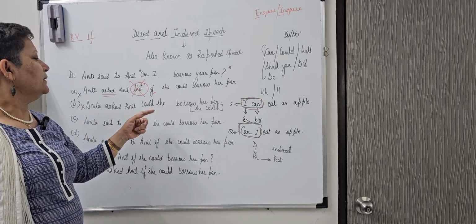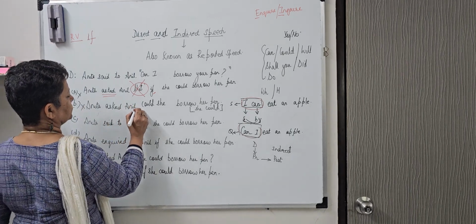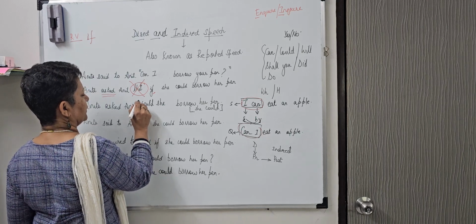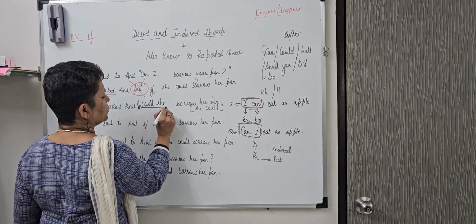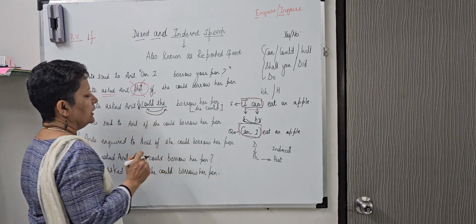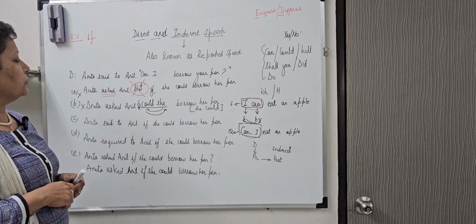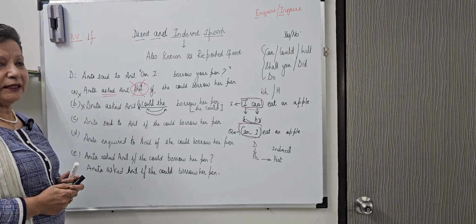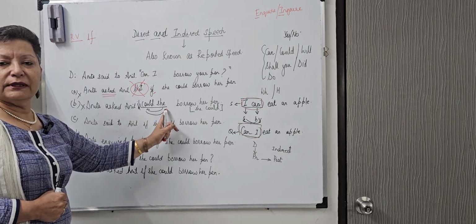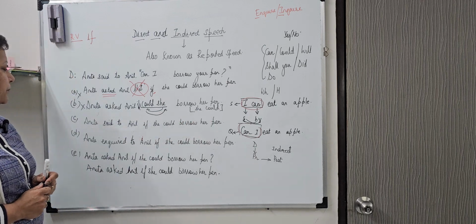Anita asked Anil if she could, and here this "could she" will come here. So, if she could borrow her pen. Is that okay? So there was a mistake in what here? In the placement of the subject and the helping verb. "She could" was the correct form.